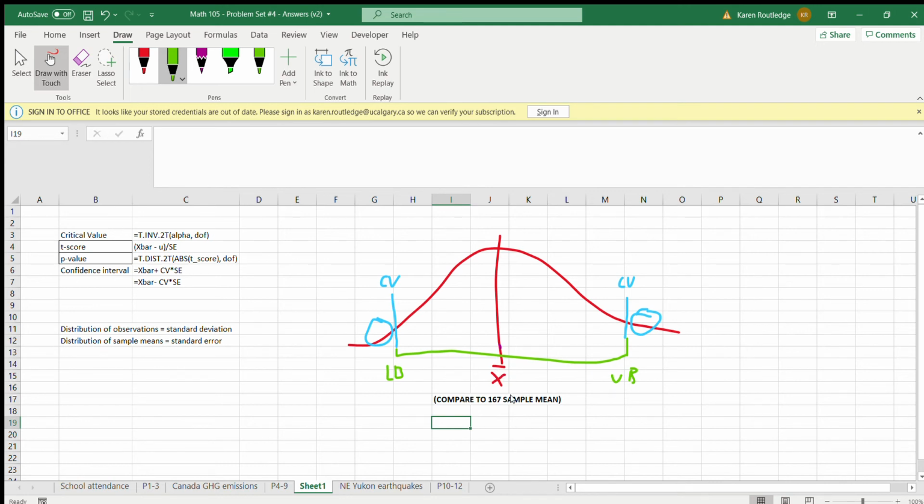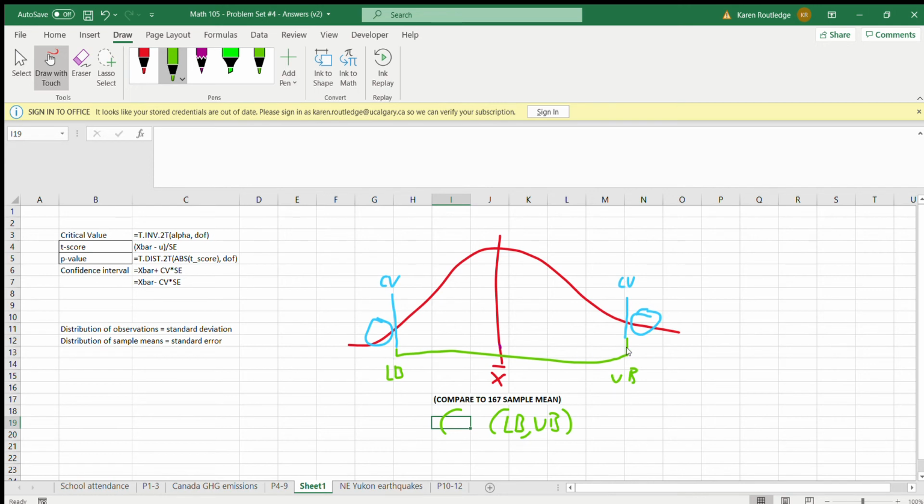So the confidence interval is two numbers. I've been representing that as an open parenthesis, the lower bound, comma, the upper bound, and a closing parenthesis. So it's not just one number, it's two numbers. The confidence interval is not the magnitude of the critical value.